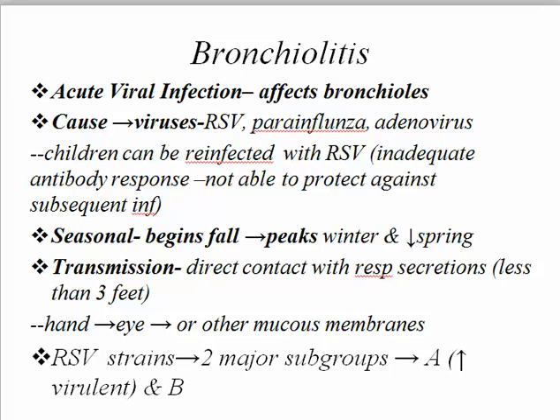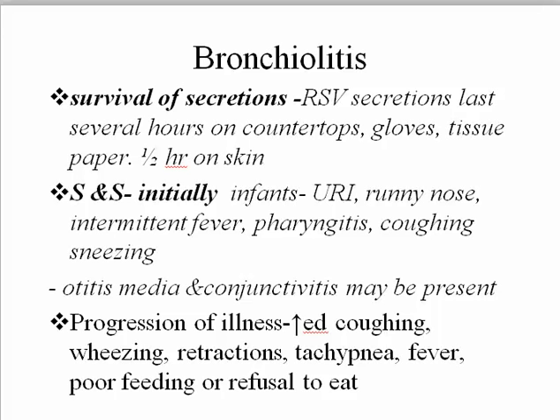RSV strains: there are 2 major subgroups. There's A, which is much more virulent, and then there's subgroup type B. A is much more virulent than B, and most children will develop bronchiolitis and pneumonia from subgroup A infections more than subgroup B. One thing that is important to know is the survival of the RSV secretions.